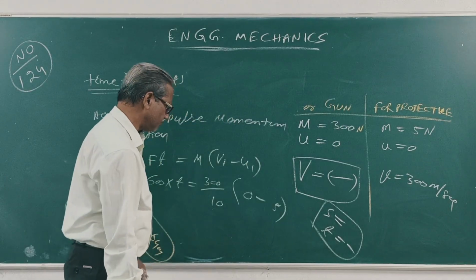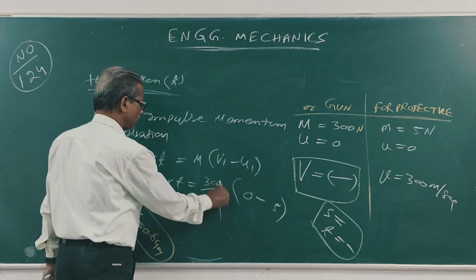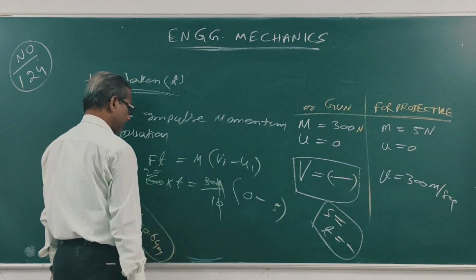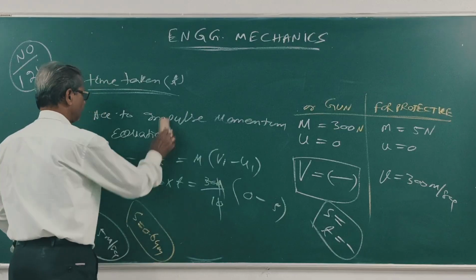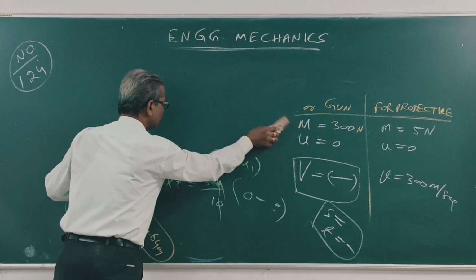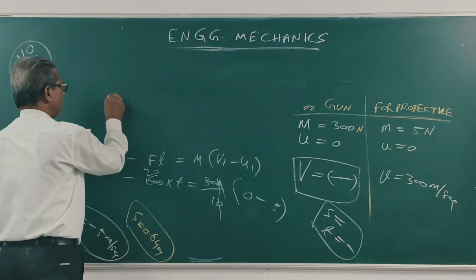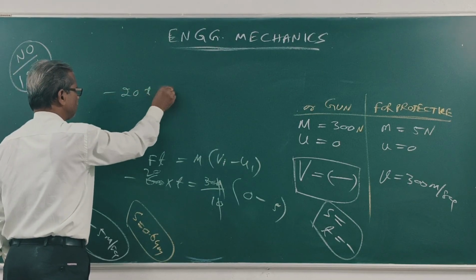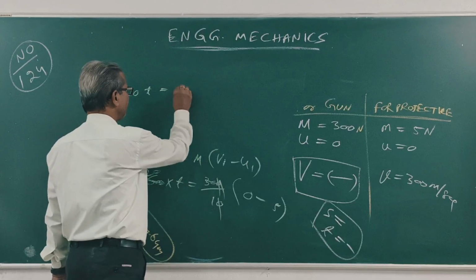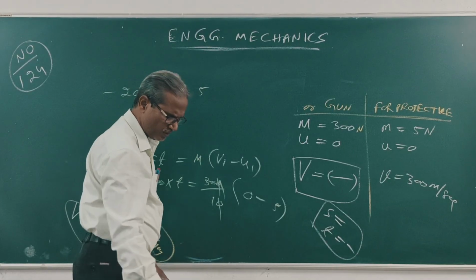Now 0 cancel out. 30 by 20, this is minus 20 into T is equal to minus 5. Right?